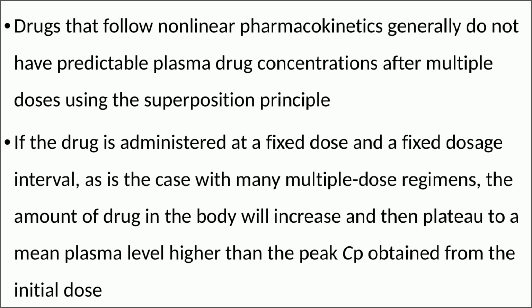So because of drug accumulation, the plateau is achieved above the minimum effective concentration, and because of that the patient will have a proper therapeutic response throughout the dosage regimen.